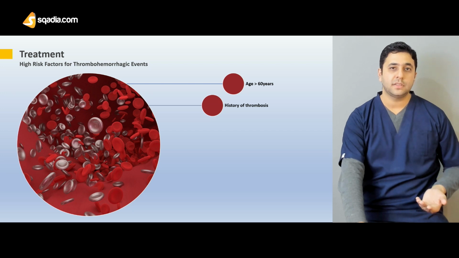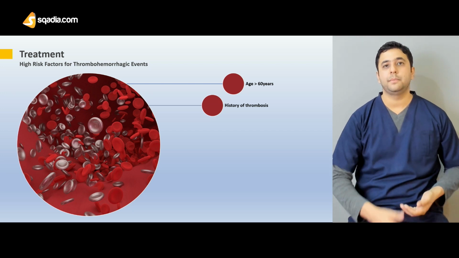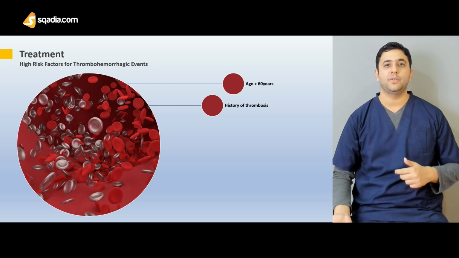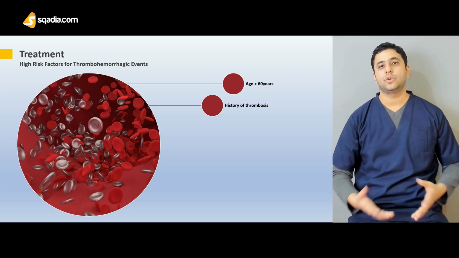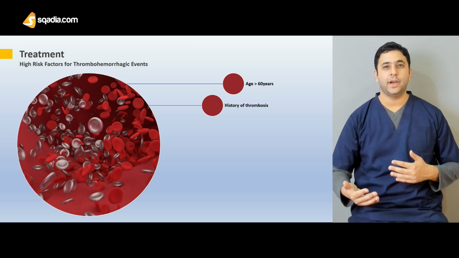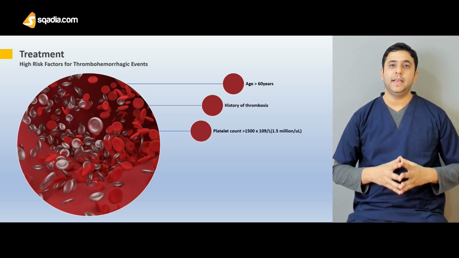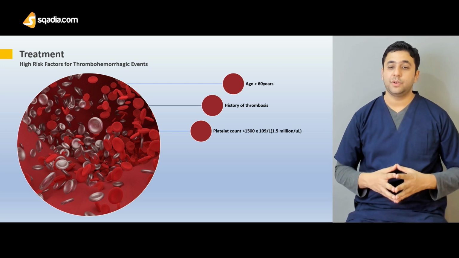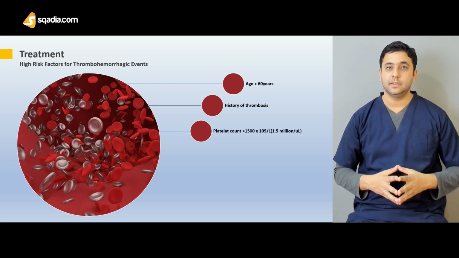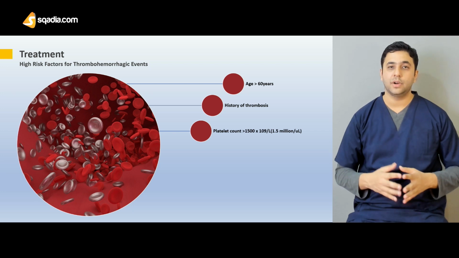Now, if the patient previously has a history of thrombosis, for example some type of arterial occlusion or venous thrombus, DVT, then that patient is also high risk. Similarly, if the platelet count is in the millions, for example 1.5 million per microliter of blood, that is also a very high risk factor for a hemorrhagic or thrombotic event.